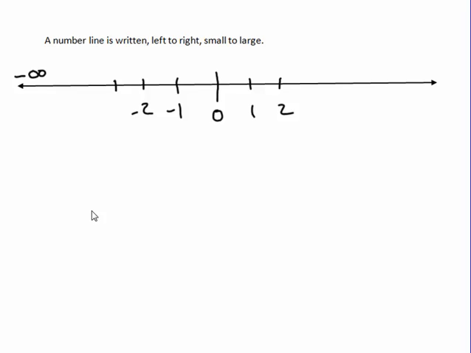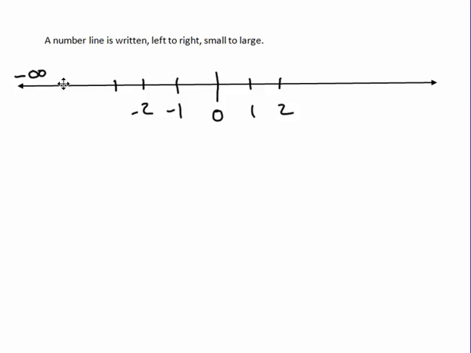Now I know there's a lot of ideas about infinity and negative infinity especially, but I just want you to know that negative infinity is the smallest. It is the smallest idea of a number.